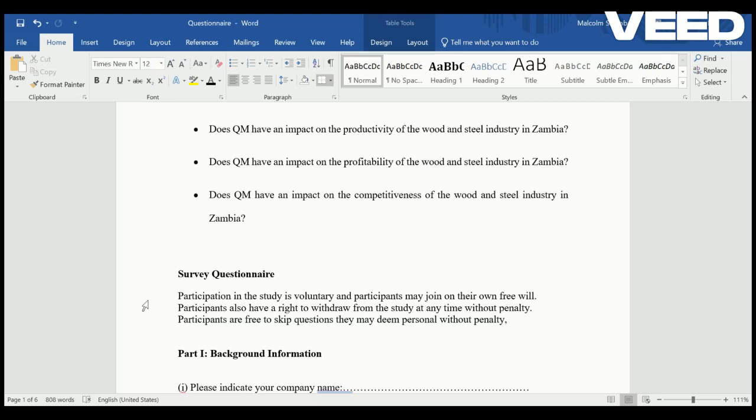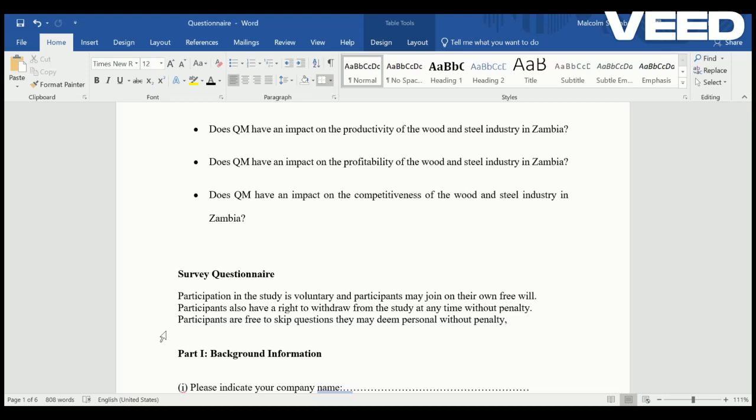Participants also have a right to withdraw from the study at any time without penalty. Participants are free to skip questions they may deem personal without penalty.